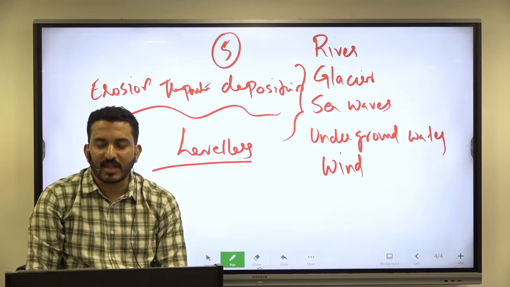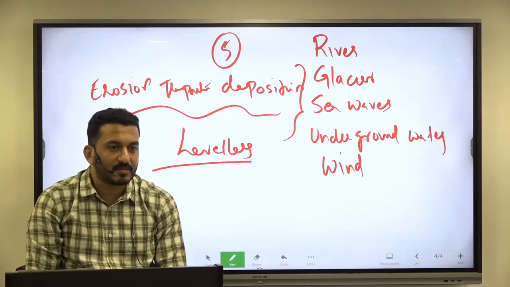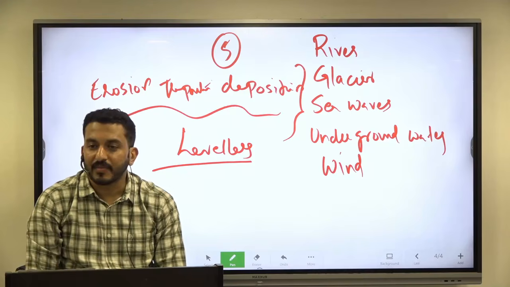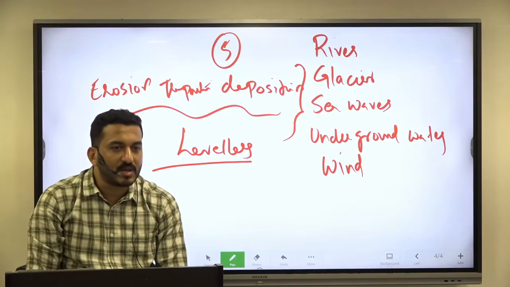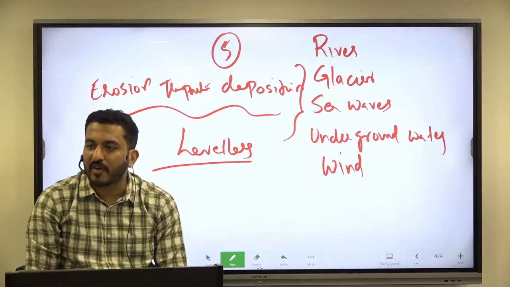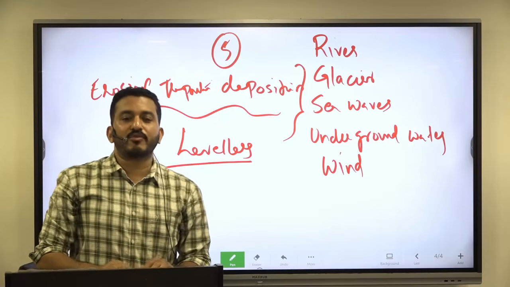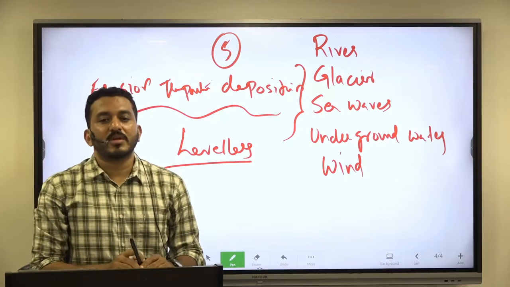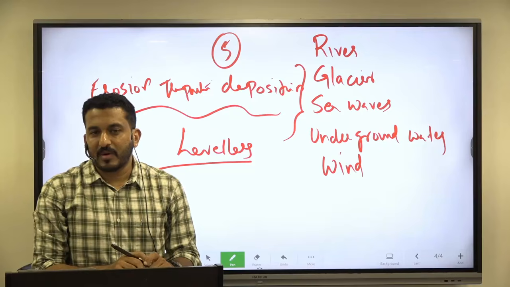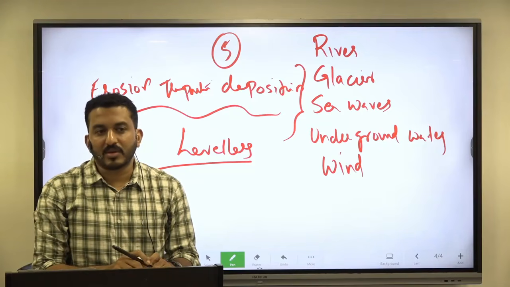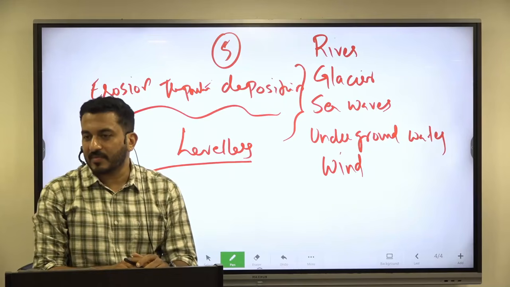But we say that Himalayas are still rising. What does that mean? It means the rate of endogenic is more than the rate of exogenic. That is the reason Himalayas are still rising.